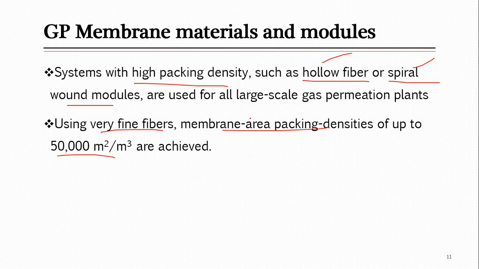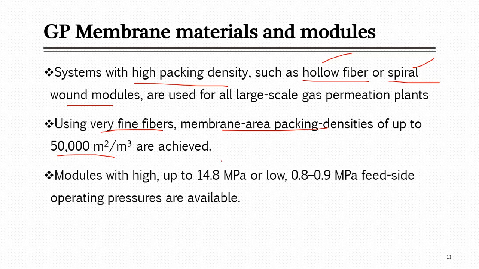Spiral wound modules are even denser than these, so they can be used for gas separation. And with this you get better separation in these kinds of modules. Otherwise, if you use another module you can still separate, but you will need more units as compared to these two.